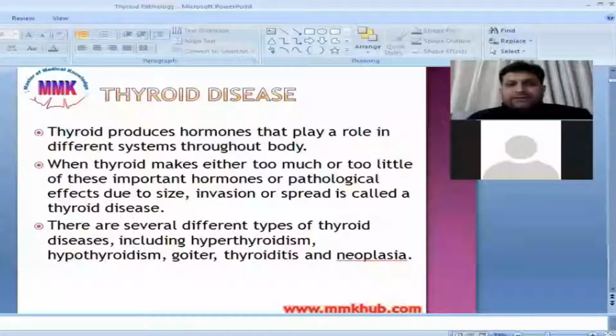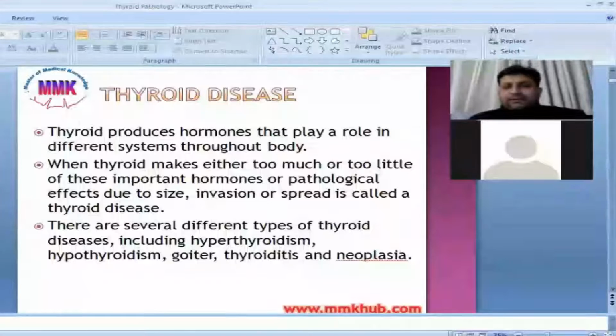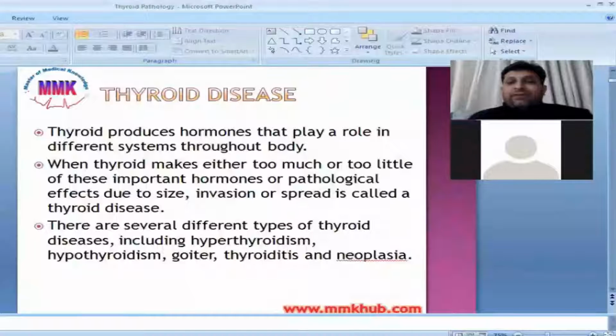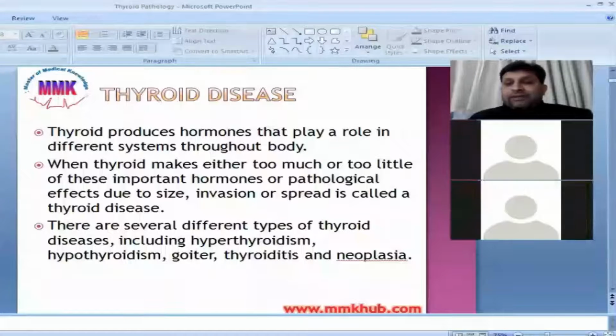First of all, thyroid disease. What is the thyroid gland? The thyroid gland is a gland present in front of the neck and produces very important hormones that play a role in different systems throughout the body. Whenever there is deficiency or excess of the thyroid hormone, the condition is called thyroid disease.